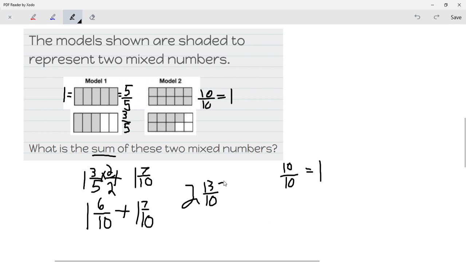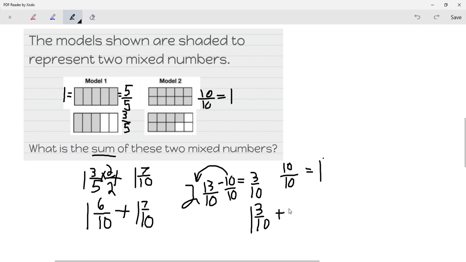So I can subtract 10 from 13, and then I will get, technically I'm subtracting 10 over 10, right? And then I will get 3 tenths, right? And since I'm subtracting 10 over 10, I can then add what I'm subtracting to this, and it basically becomes 1. 13 tenths becomes 1, the 10 over 10, and what's left over is 3 tenths.